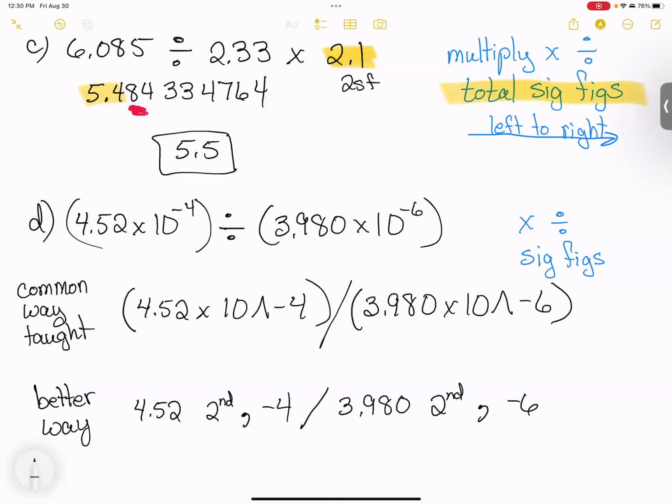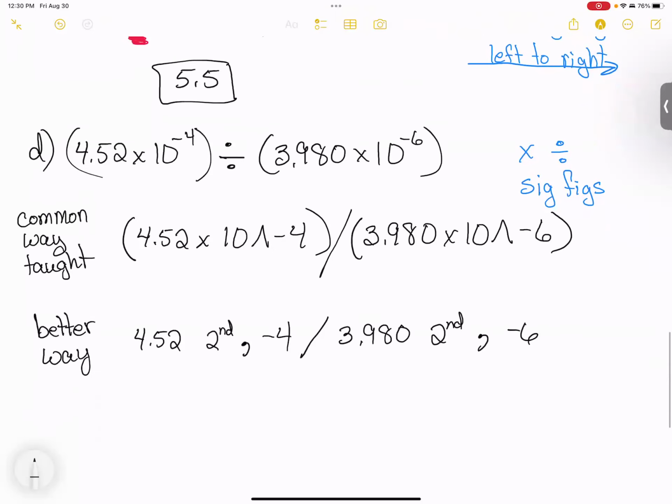Now, what does it look like on the calculator face? The way it'll appear is 4.52 e -4 divided by 3.980 e -6.